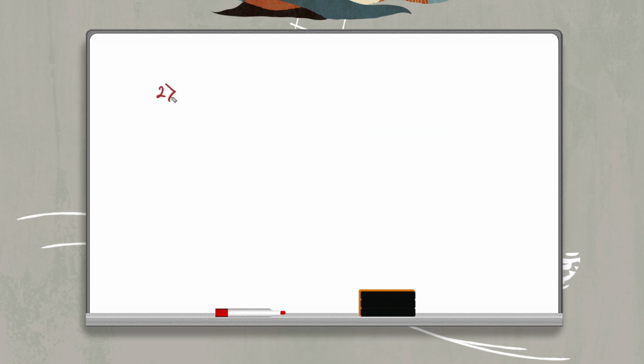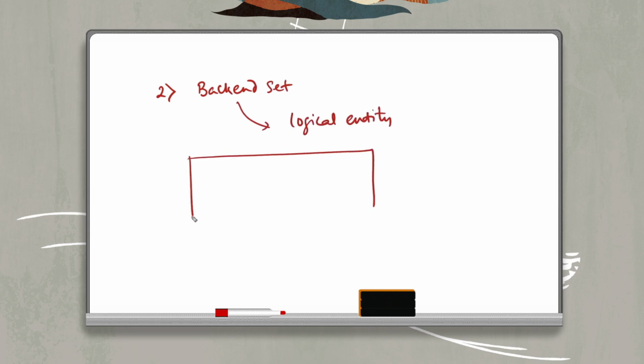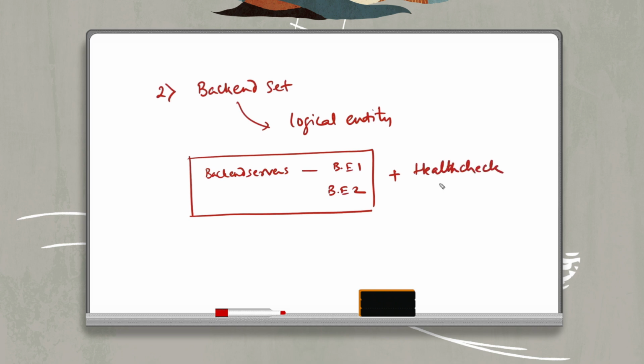Now the second component is the backend set. A backend set is a logical entity, and you can think of it like a list of backend servers. For example, backend server 1, backend server 2, and along with the backend servers, the health check policy as well as the load balancing policy are also included.